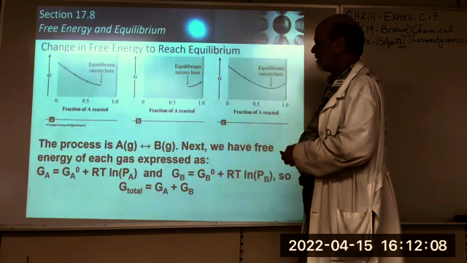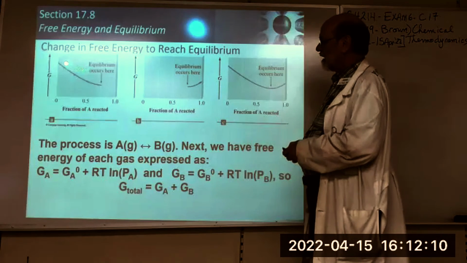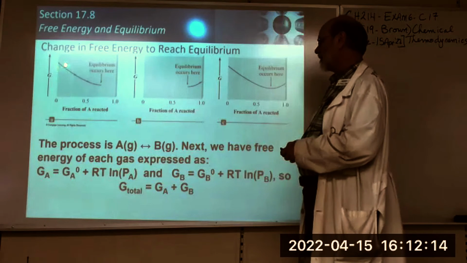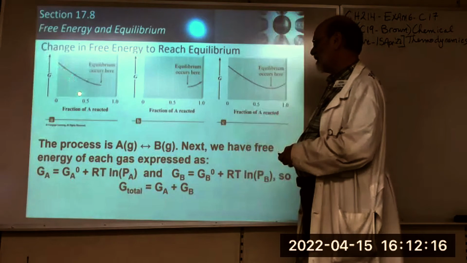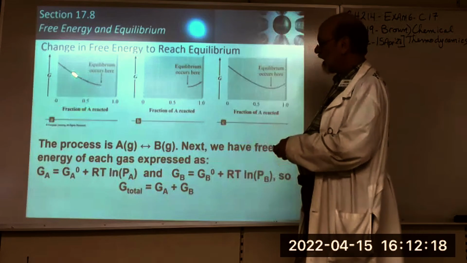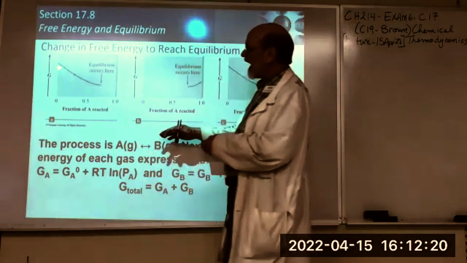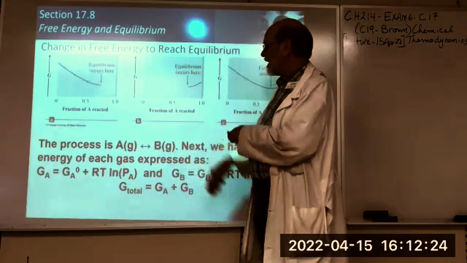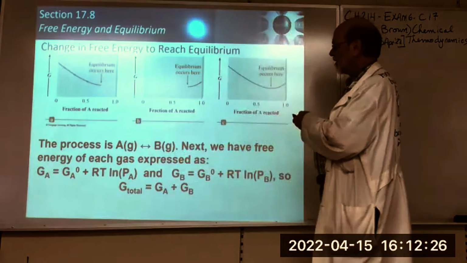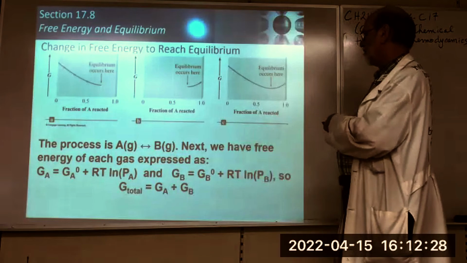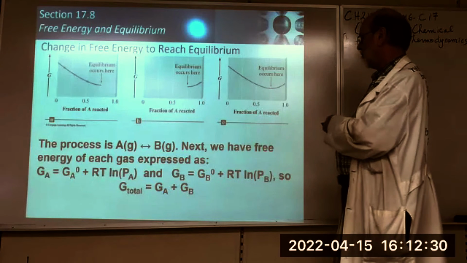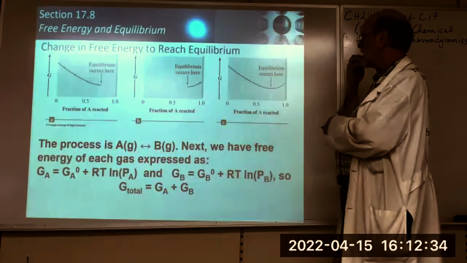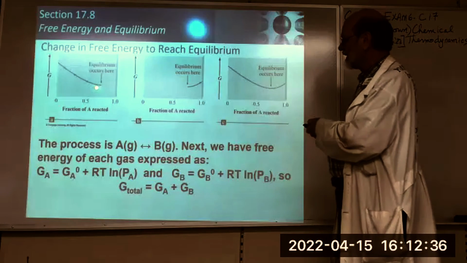So if we have A reacting to B, G gradually decreases. Right? Gradually decreases. And the equilibrium occurs in the middle.